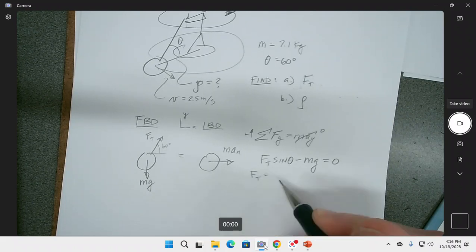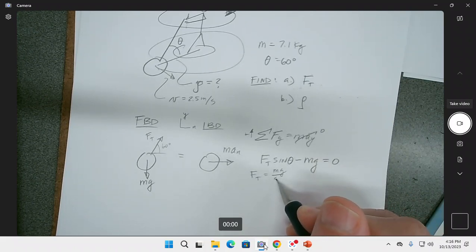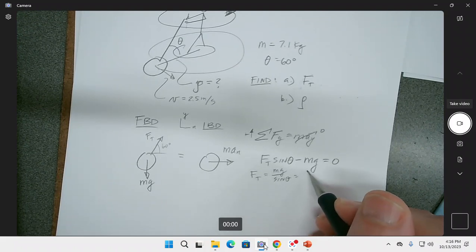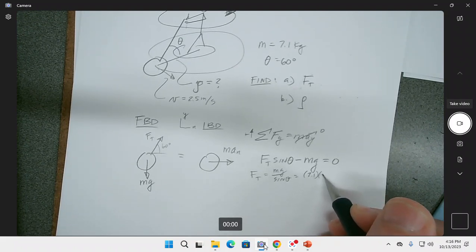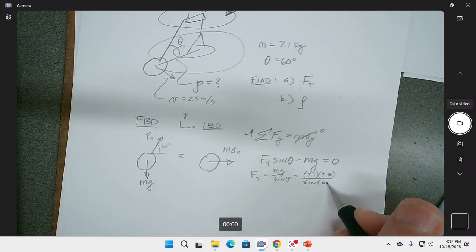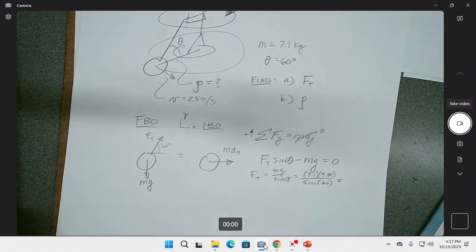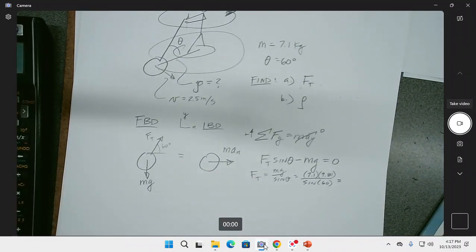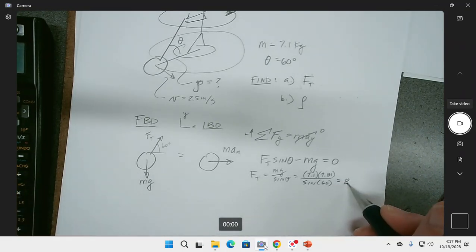So Ft is just going to be equal to mg over sine theta, or 7.1 times 9.81, divided by sine of 60. 80.43 newtons.